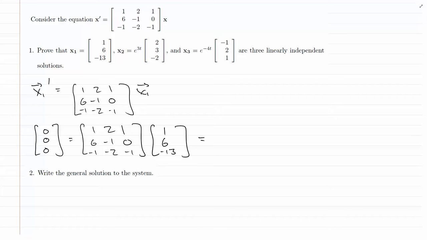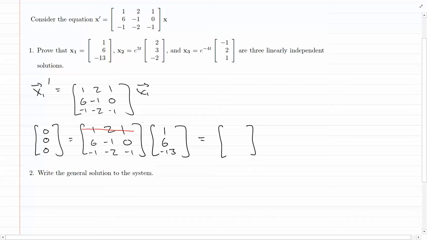To do the matrix multiplication, remember it's a bunch of dot products. We do the first row and the first column. So it's going to be 1 plus 12 minus 13. Sure enough, that's 0.